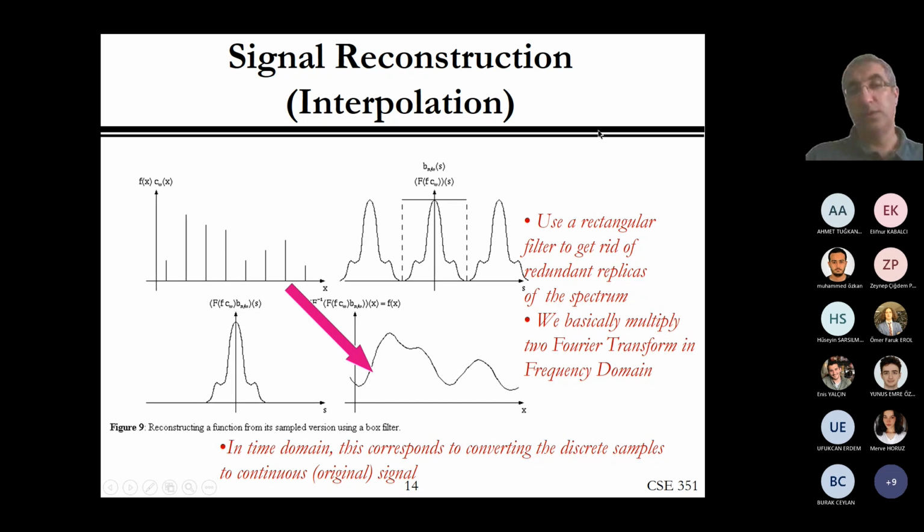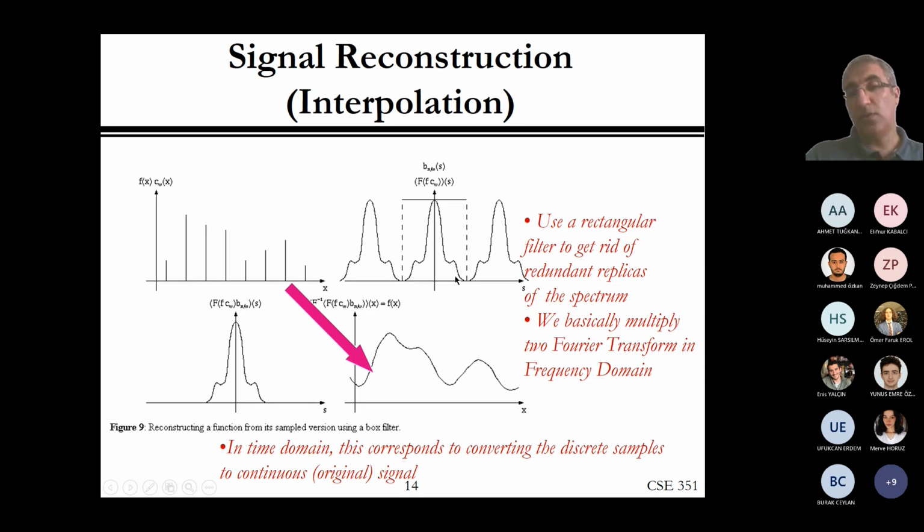So in other words, use a rectangular filter to get rid of the redundant replicas of the spectrum. What I'm gonna do is basically in frequency domain, I just use a filter that has a rectangular shape to extract the copy at the center and then remove the other copies, cancel out the other copies.